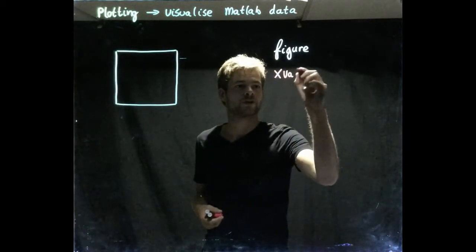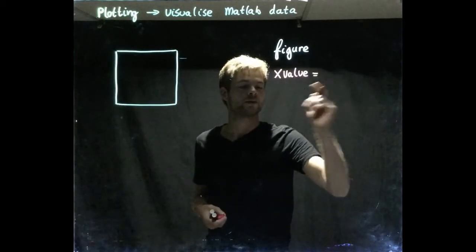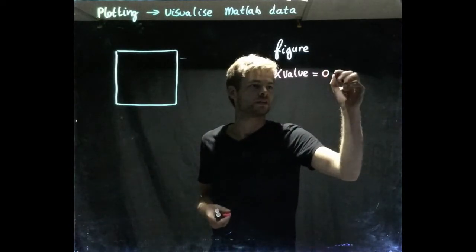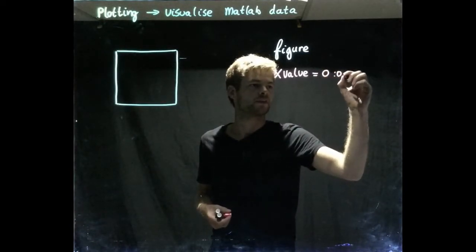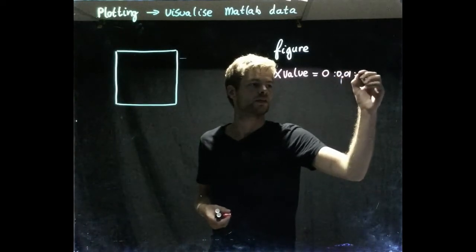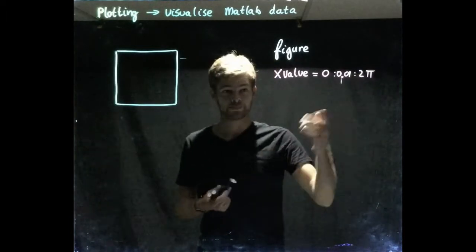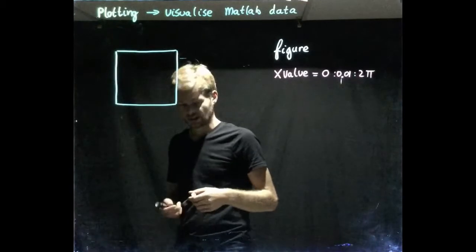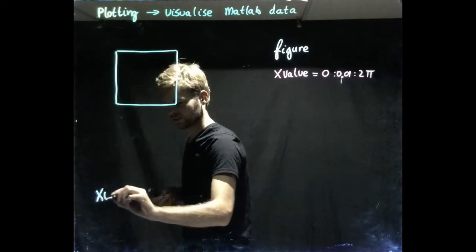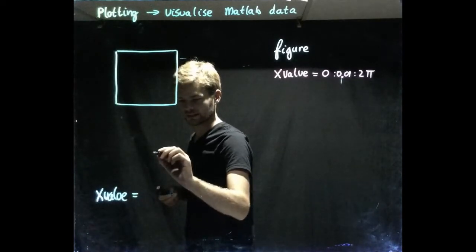I'm first going to create my x value. And my x value is a value that runs from 0 with a step size of 0.01 until 2 pi. So actually this will be a vector, and the name of the vector is x value, and it will look like this.